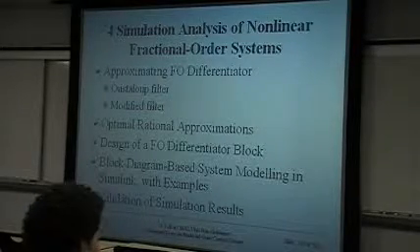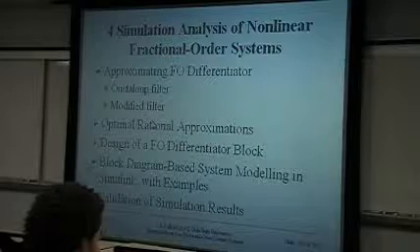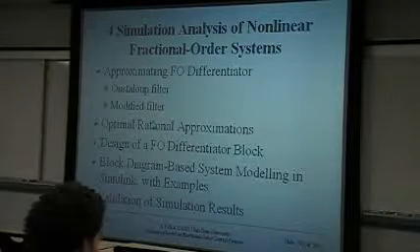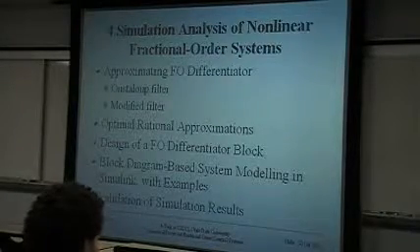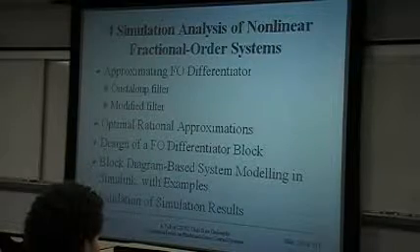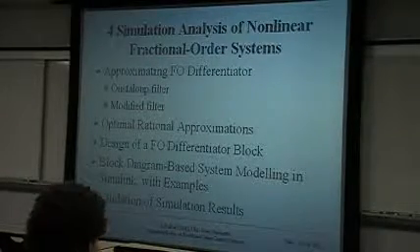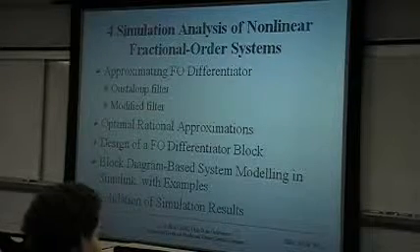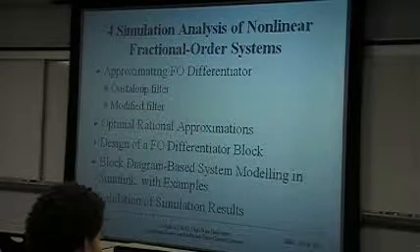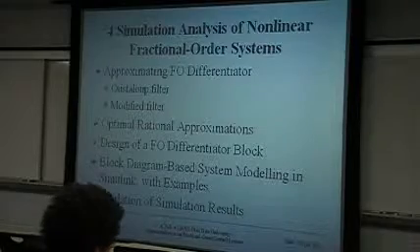And apart from this filter, we can also consider doing some modification to the filter because the ordinary Oustaloup filter is not quite the way we like. Sometimes there might be errors, so we can modify the filter and get better results.